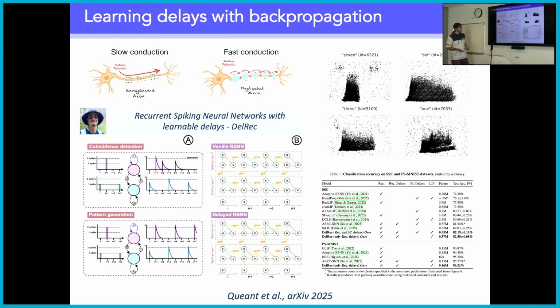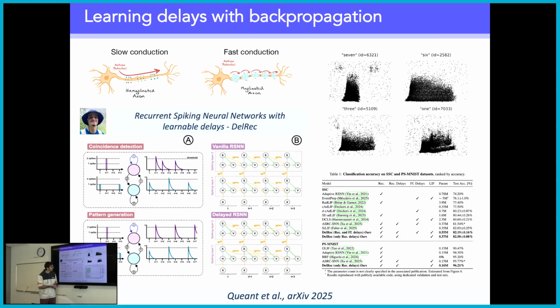And so we use this type of network to perform different tasks. One on the SSC dataset. This is an audio dataset where people were just reading out loud different numbers.